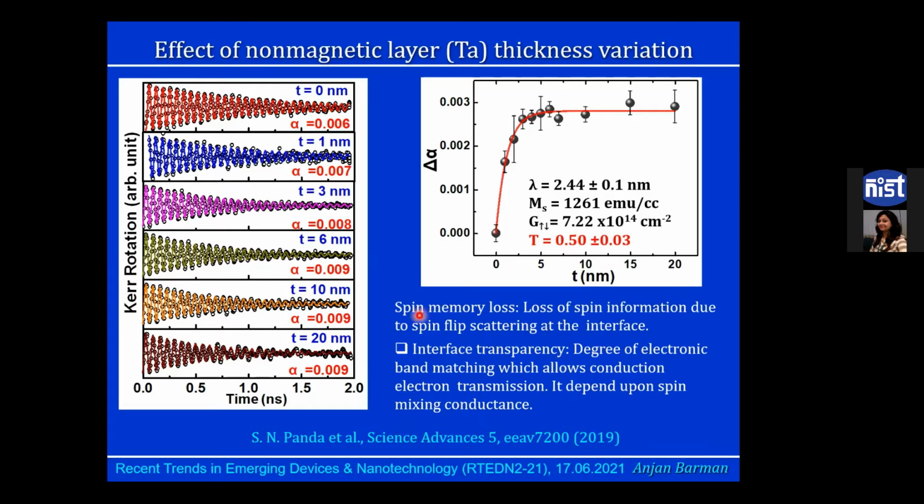And there will be other effects like spin memory loss, which is due to the loss of spin information due to spin flip scattering at the interface. And of course, the interfacial spin transparency depends on the degree of electronic band matching that allows the conduction electron transmission.